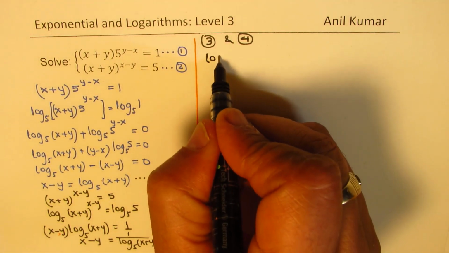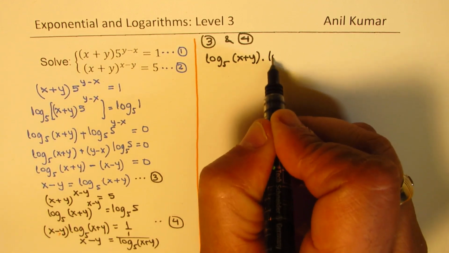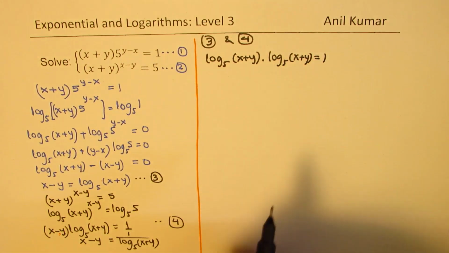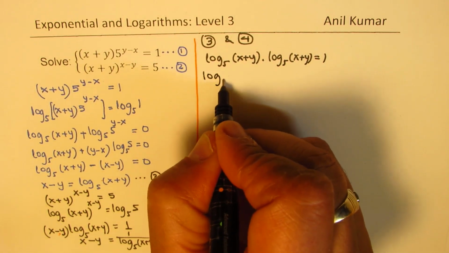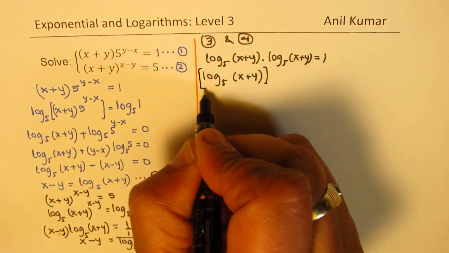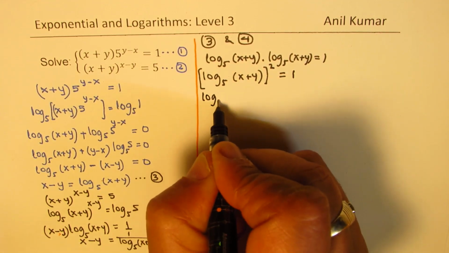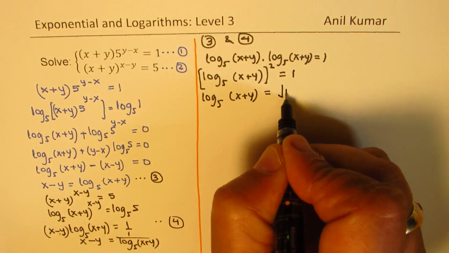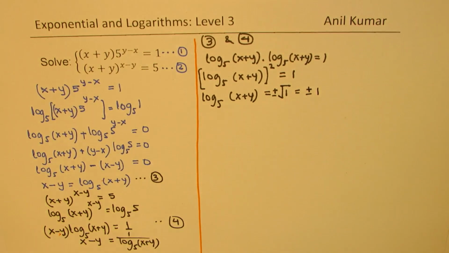So we get basically log to the base 5 of (x plus y) times log to the base 5 of (x plus y) equals 1. So that is the square of this. So that is to say log to the base 5 of (x plus y) whole squared is equal to 1, or we get log to the base 5 of (x plus y) is equal to the square root of 1. So we'll write plus and minus, which is plus or minus 1.